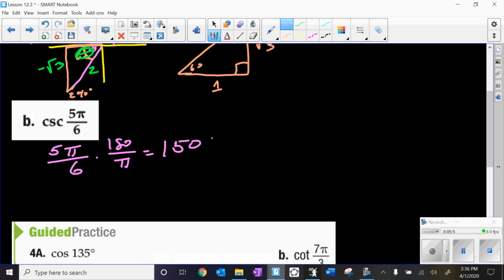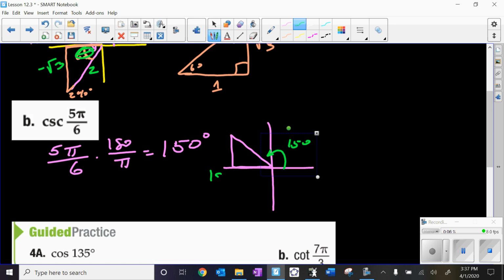So if we plot 150 degrees, that's the same thing as 5 pi over 6. Well, 180 is going to lie in the second quadrant. We'll make in our right triangle with the x-axis at the same time. There's 150. I need to get all the way to 180. My reference angle in here is 30 degrees.